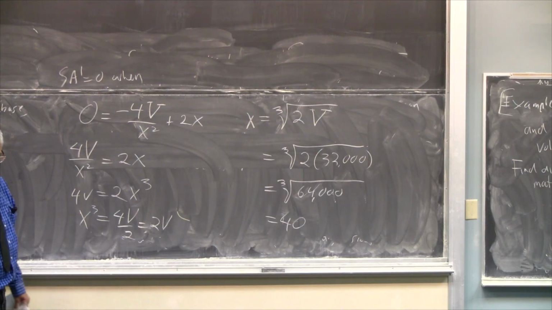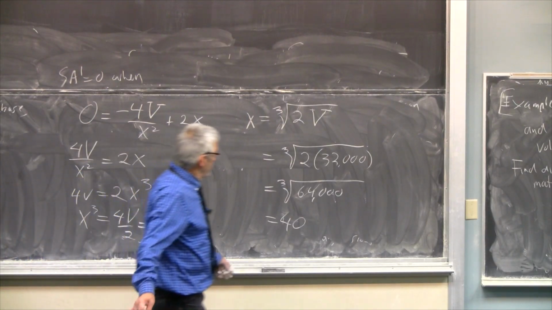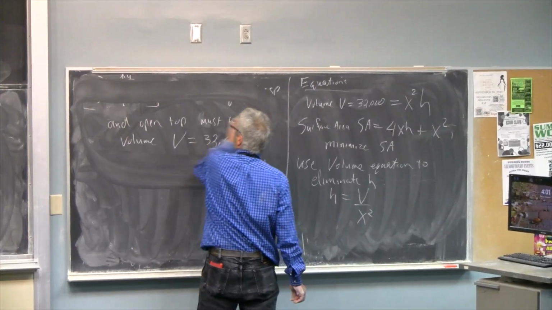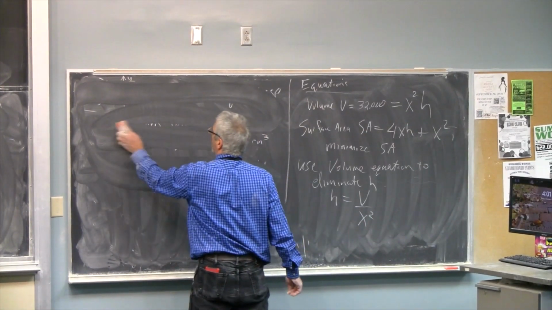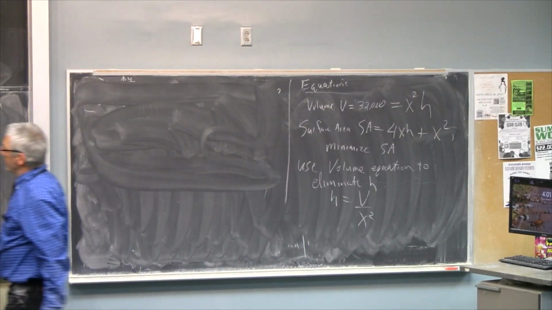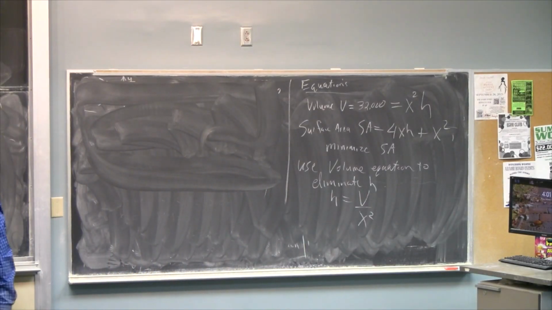I'm going very quickly here, but I want to get to the point where we see that that's the only place where a max or a min could occur. But we don't know if this is a max or a min. We just know this is the place where SA prime is equal to 0. It's the only place.